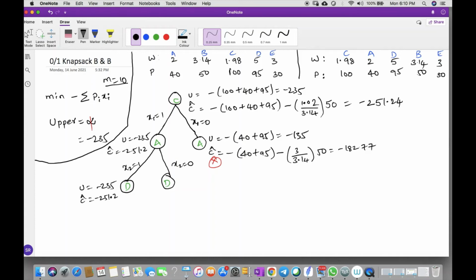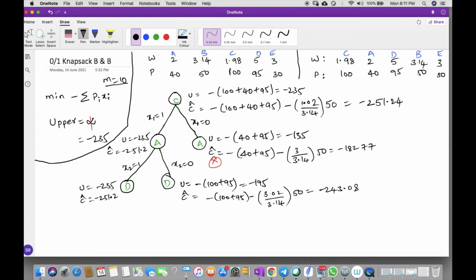So we have C and D for computing U. So it would be minus of 100 plus 95, which is equivalent to minus 195, and C cap would be equal to minus of 100 plus 95, and the fractional part. 5 plus 1.98 is 6.98, and we have left over 3.02. So we have 3.02 here divided by 3.14 into 50.